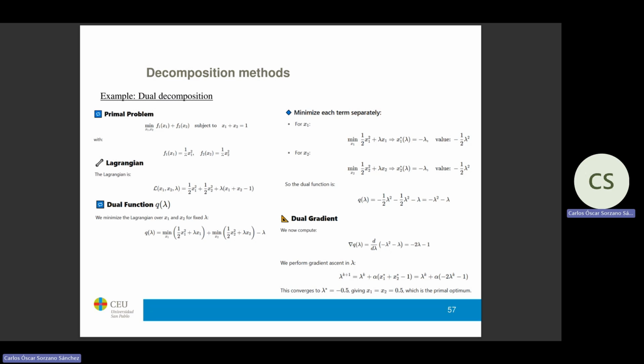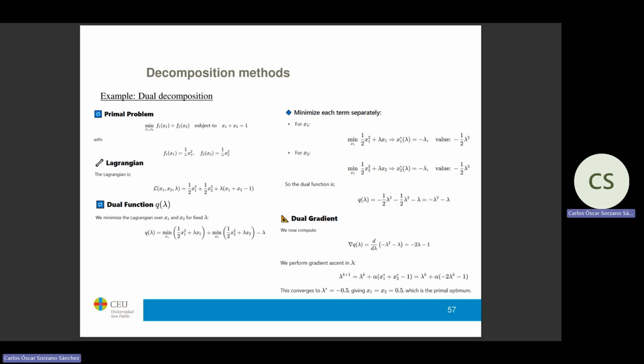And then the dual function, if you substitute here again, x1 star is minus lambda, but you have to substitute minus lambda here. So it is minus 1/2 of lambda squared. All this thing is the same. And then you have the minus lambda.